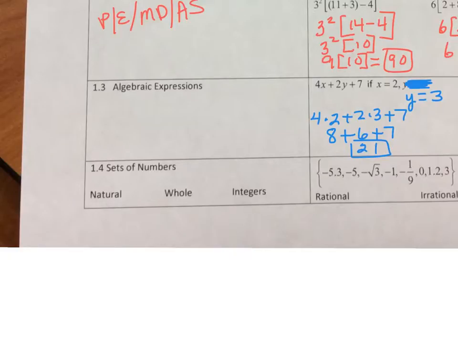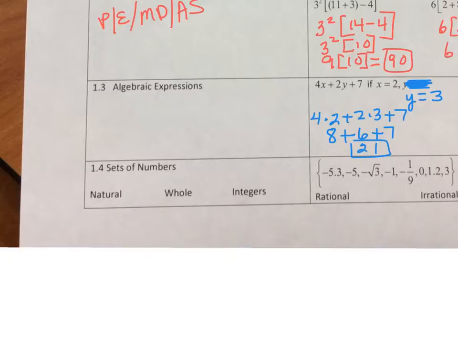So if you put the 2 in for x and the 3 in for y, you'd have 4 times 2 plus 2 times 3 plus 7. And again, you got to apply the order of operations. There are no parentheses, no exponents. The next thing you got to do is all of your multiplication or division.